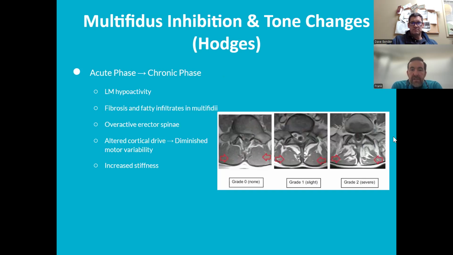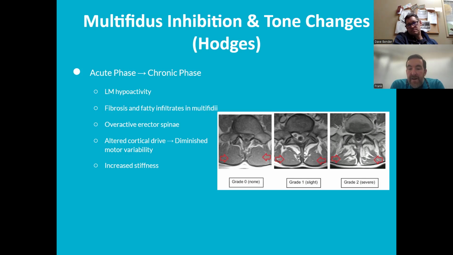As that acute phase transitions to a chronic phase, in my mind, there are almost two things. One is that they have pain that lasts from acute, they don't get any treatment, and it lasts to chronic. But this could also happen if you have acute pain and then you don't fix this multifidus inhibition. Pain goes away, but the firing patterns don't change. Over time, you're going to have decreased activity of the lumbar multifidus, and then eventually fibrosis and fatty infiltrates are going to set in.